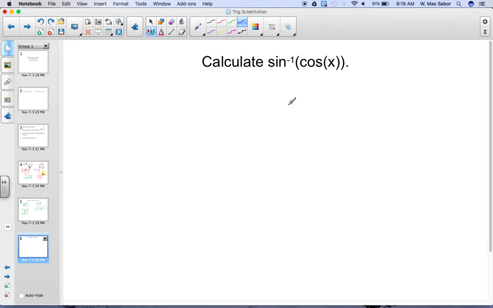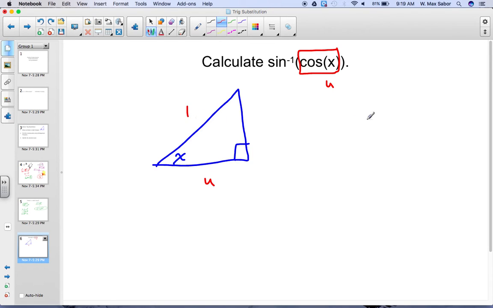Similar idea, let's say we have cosine of x. Let's call it u. So that's adjacent over hypotenuse.